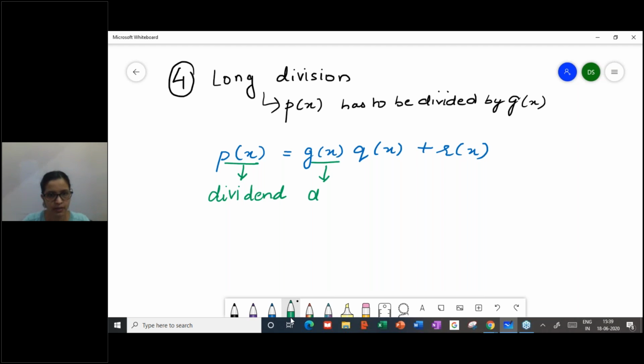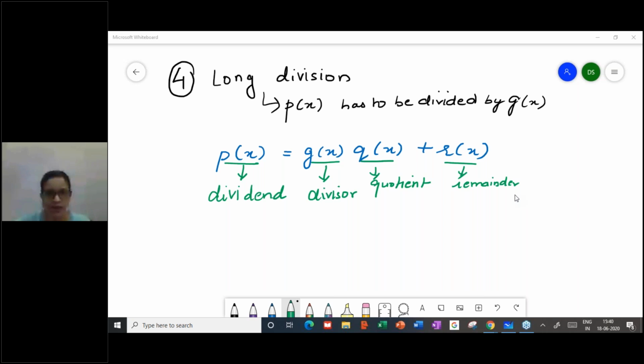This is called the divisor. This is called the quotient, and this is called the remainder. I want you all to memorize this equation. Somebody has a doubt? Yes, Athara, I was aiming for this. In long division, shall I take an example? It will be better if I take an example.